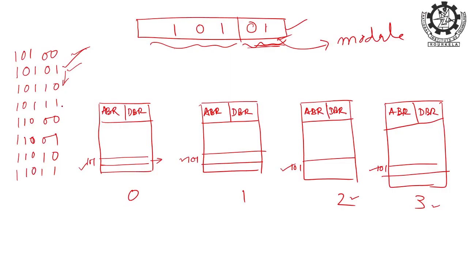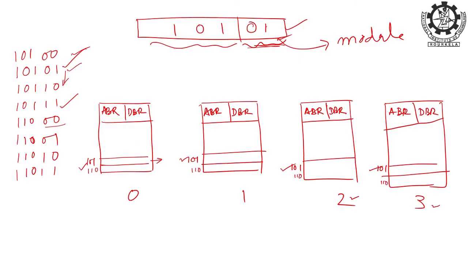So, after accessing this part, again it is the next memory module. So, it is 00, 00, but here the next location is 10. So, therefore 110, 110, 110.